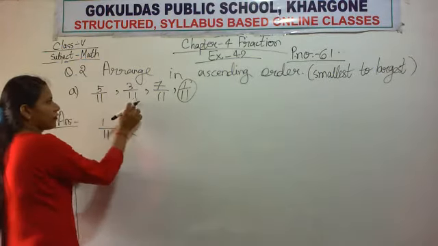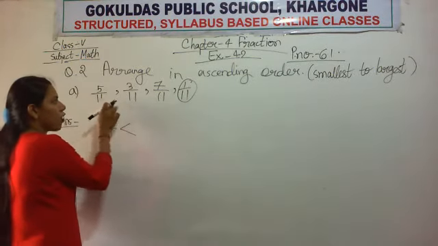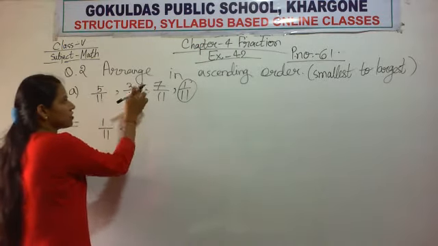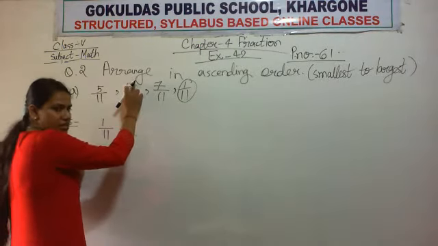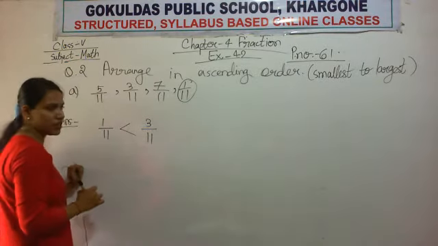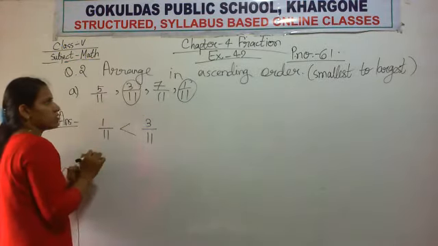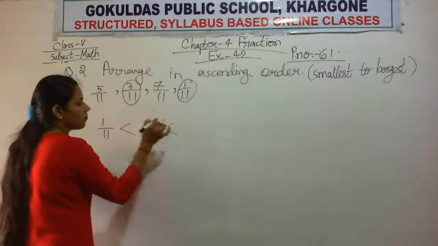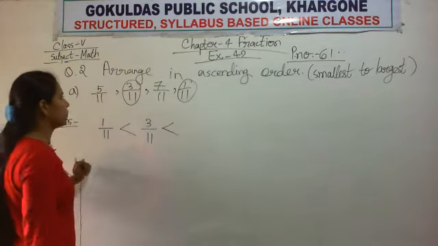Now we are left with 3 fractions. Now observe which one is the smaller among these 3. Which numerator is the smaller? 3 is the smaller. So 3 upon 11 will be our next fraction. We have done with this also. Now we are left with these 2. Which fraction will come here?